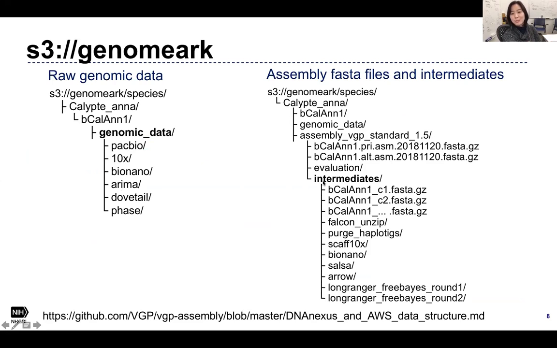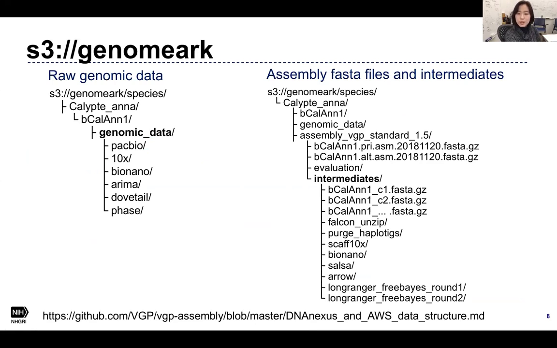Under this, build the intermediates, and under this, for example, if you're starting with Falcon Unzip, generate a folder Falcon Unzip and put everything under this directory. Because the way we are copying back is mirroring what's in the DNAnexus platform.